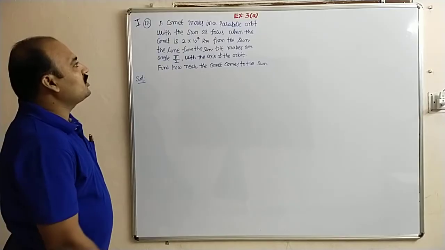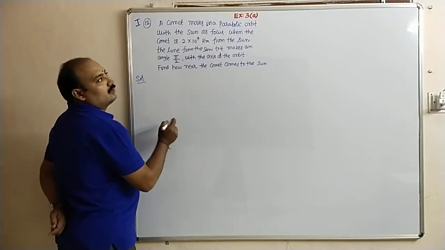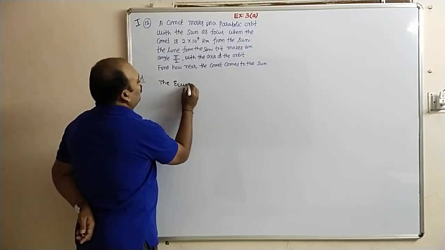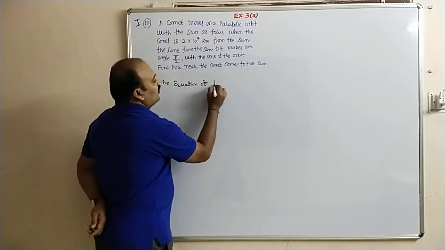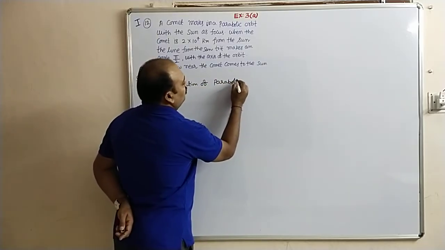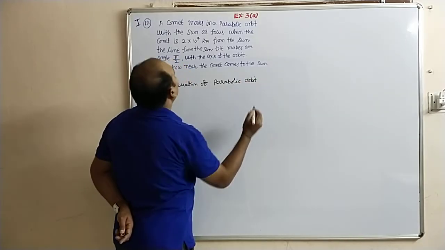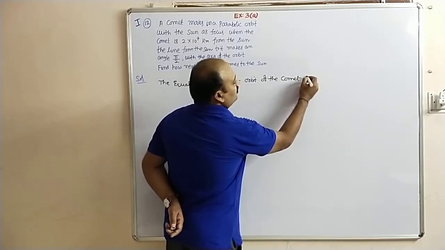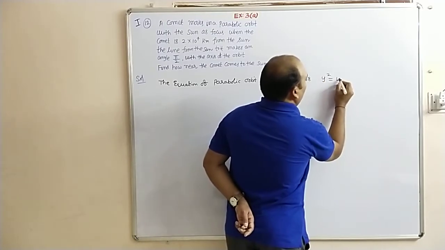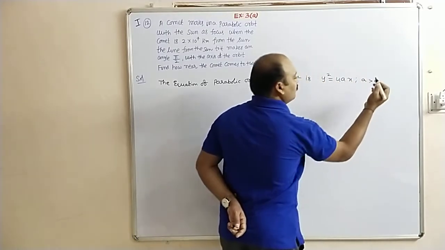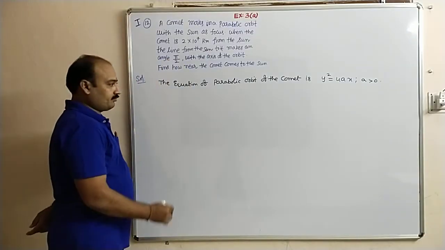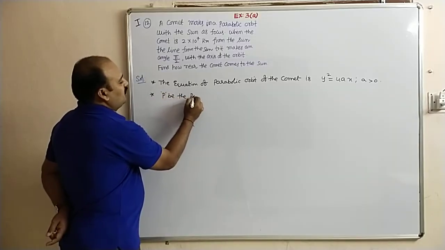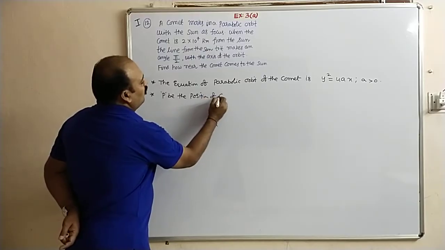Here, the equation of the parabolic orbit of the comet is, we are assuming, y square equal to 4ax, where a is greater than 0, and P be the position of the comet.